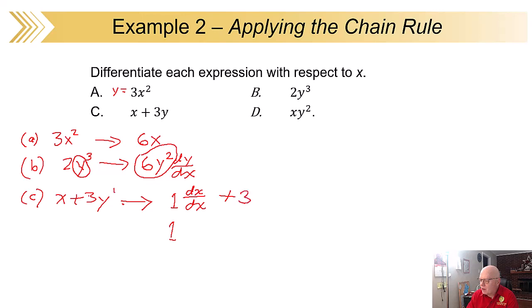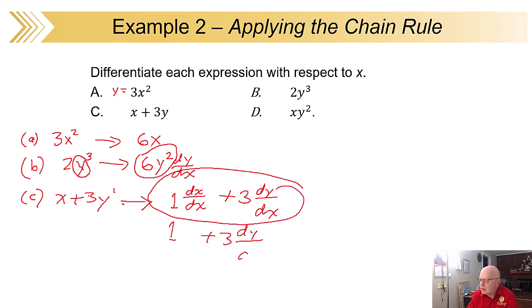That's no big deal. But remember, y is a function. So chain rule says the derivative of that with respect to x is dy dx. And there you have it. 1 plus 3 dy dx. You're getting there.